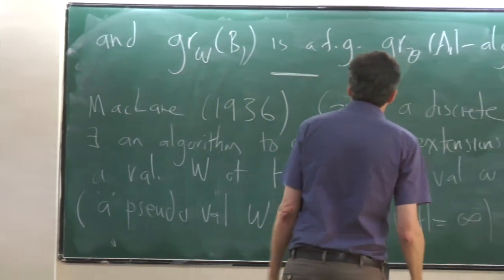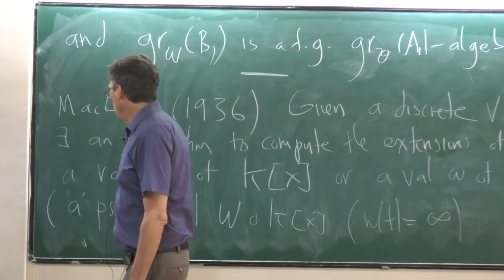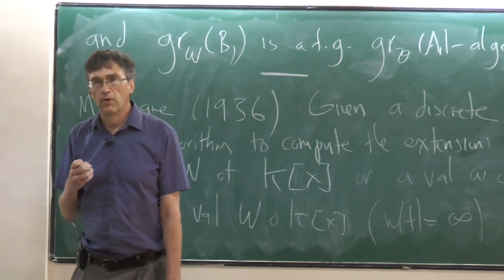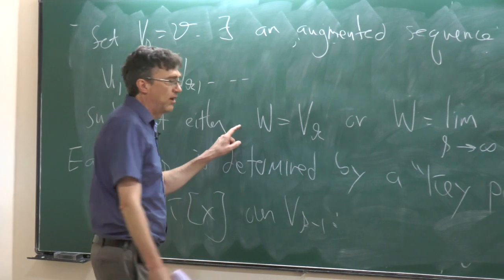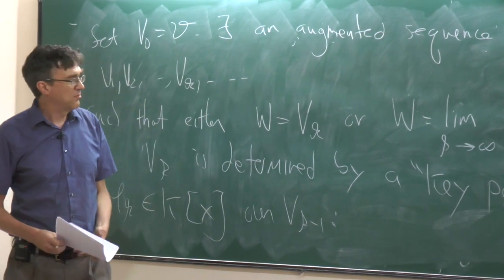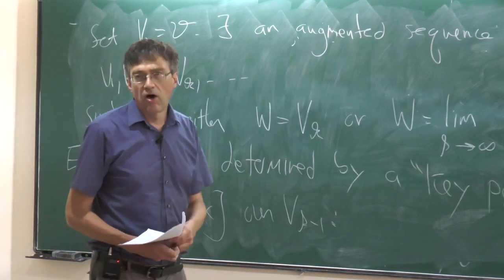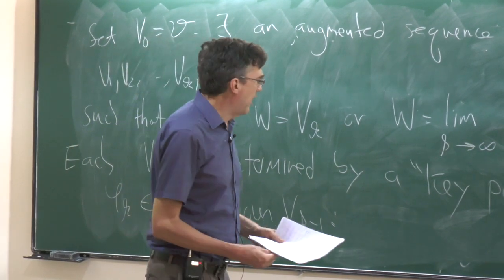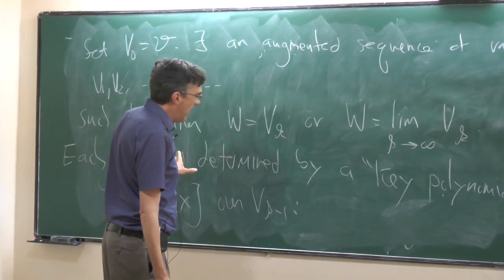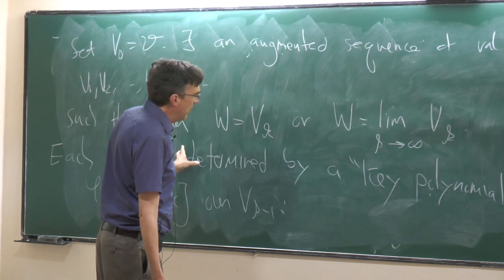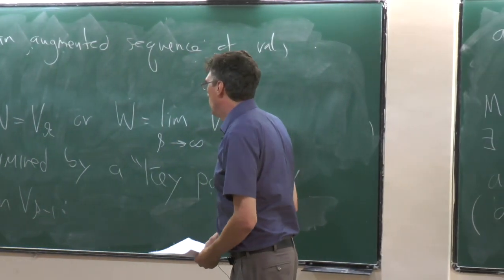Okay, so now, we're interested in the non-discrete case, and basically you can start with MacLane's algorithm, and if you're lucky, and maybe we'll have time to see that in some cases, this very same algorithm will work for a general valuation, but not always. The problem that can happen is that you can kind of get stuck if the value group isn't the integers.